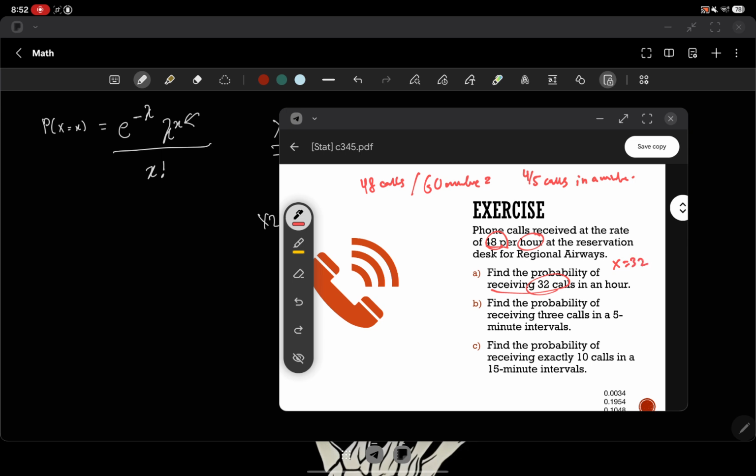Now we need to know the mean. They mentioned that in an hour, so the mean for an hour is 48. Our lambda is 48 and our x is 32 in this case, so we just plug in e to the negative 48 and 48 to the power of 32 over 32 factorial.